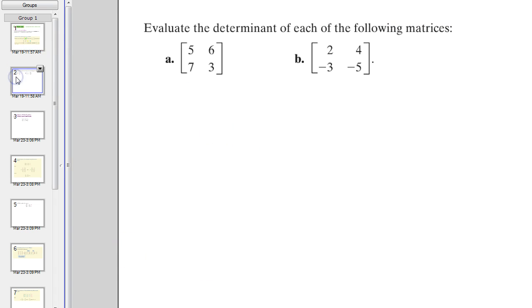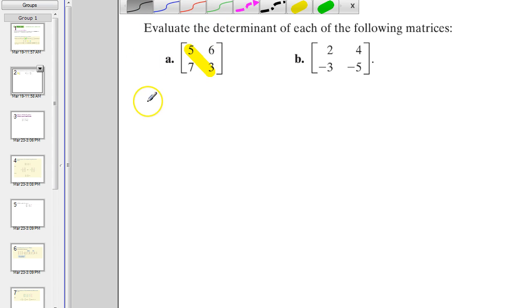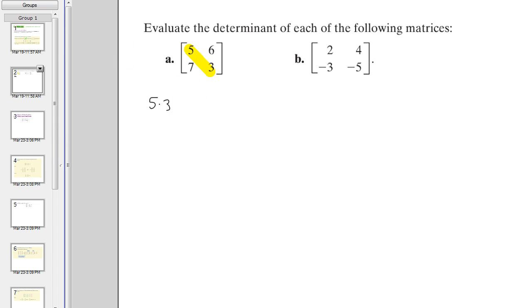Okay, and then let's practice a couple of these, just evaluating it. So I'm going to multiply, go back to yellow, 5 times 3, so that's 15. And then I'm going to multiply the off diagonal, 6 times 7, which is 42, and I'm going to subtract those. So 5 times 3 is 15, minus 6 times 7 is 42, and then 15 minus 42 is a negative 27.